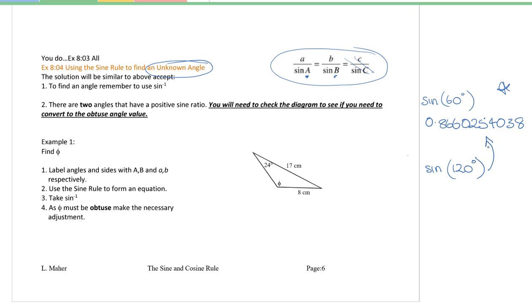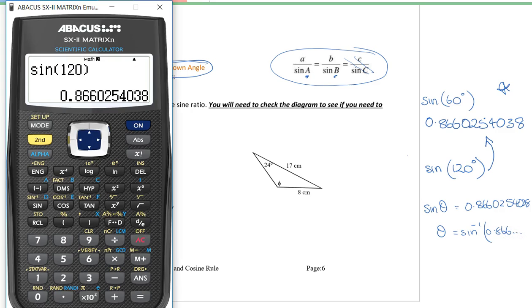So you know that if I knew that the sine of some angle was this 0.86602544038, then to get the angle, I do sine inverse of 0.866 and so on. Let's go to the calculator and see how it copes with that.